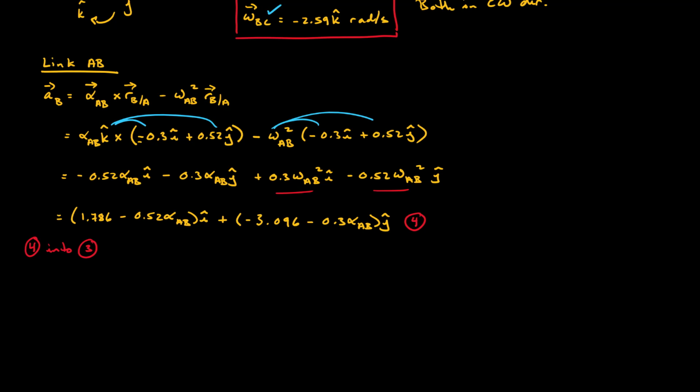So we have AC is equal to AB plus the relative acceleration of C with respect to B. So AB is taken from equation 4.